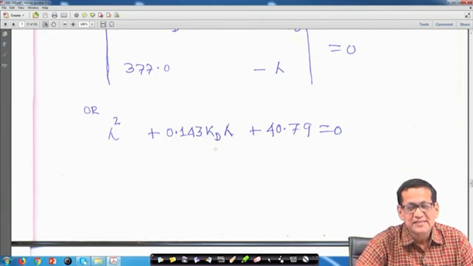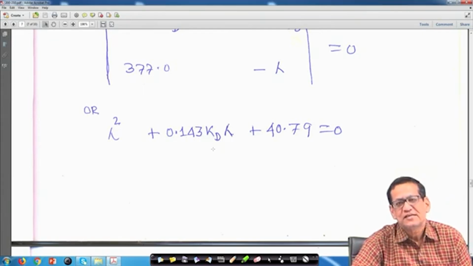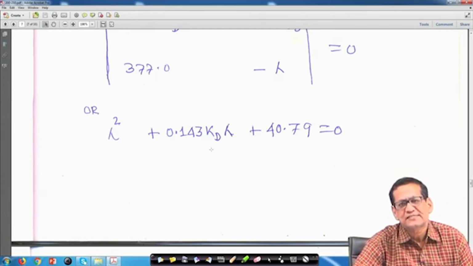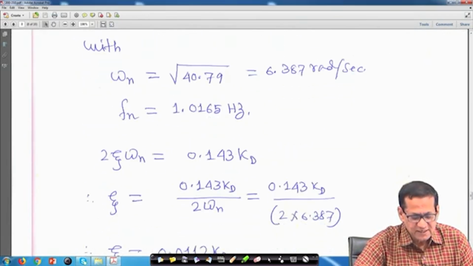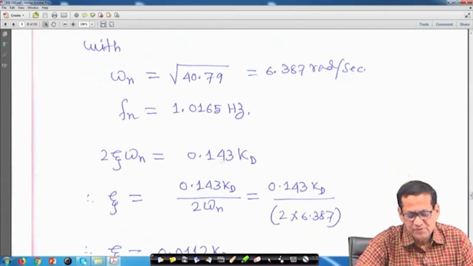Three values of kd are given: kd is equal to 0, kd is equal to minus 10 and kd is equal to plus 10. We will take first kd is equal to plus 10. 2 xi omega n is equal to 0.143 kd, or xi is equal to 0.143 kd upon 2 omega n.